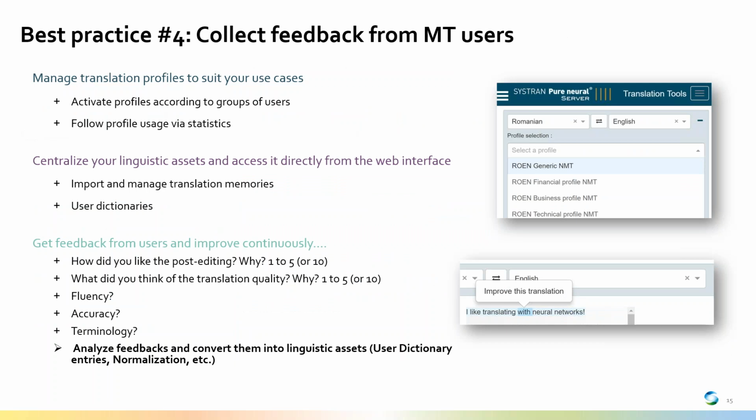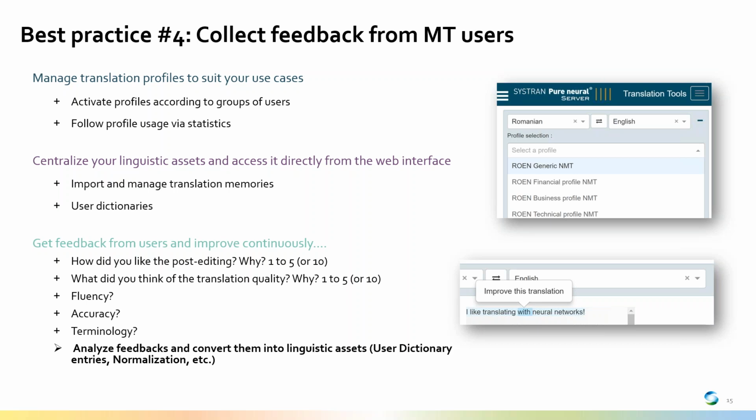And another recommendation: once the system is rolled out to the users and available for them to use, post-editors, so translators using the system, or collaborators using the MT engine just for the gist, just to understand documents, it's very important to collect their feedback.